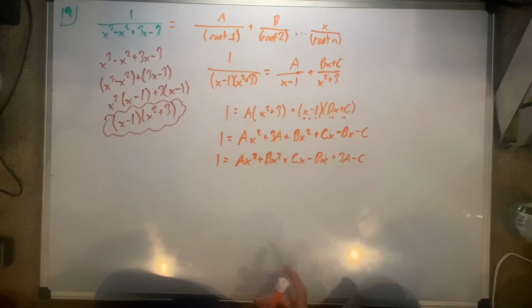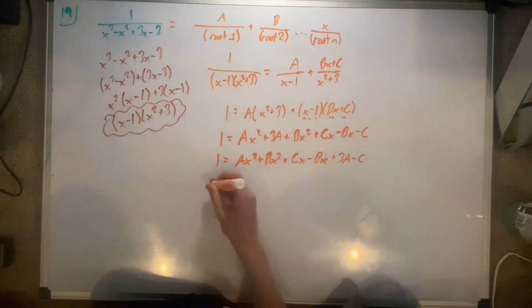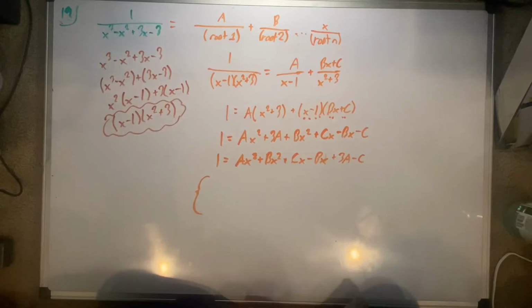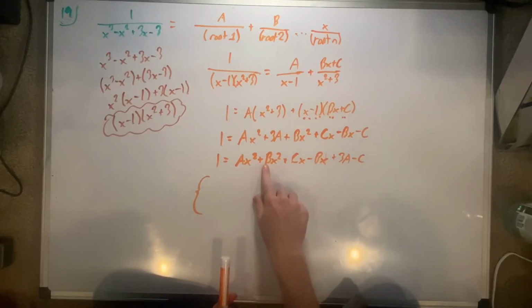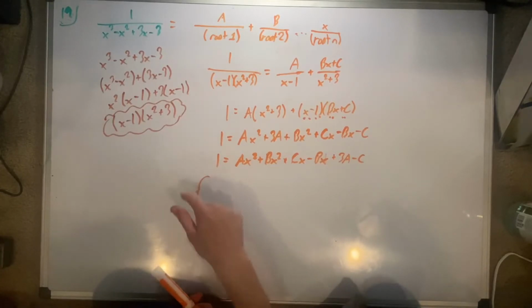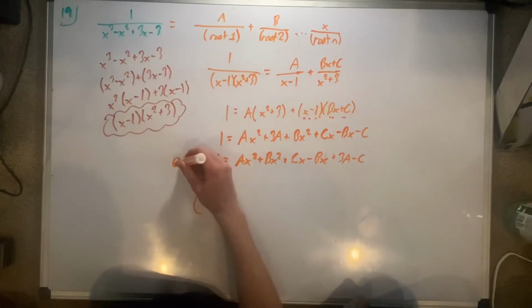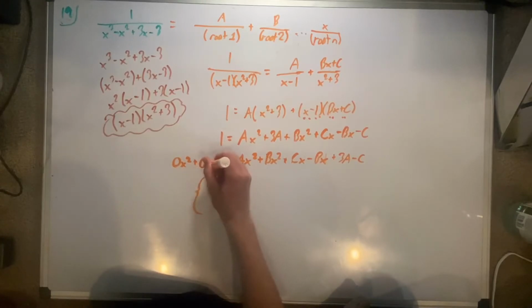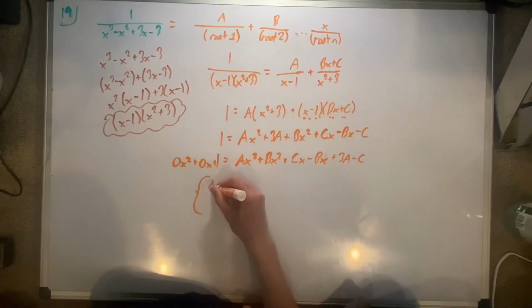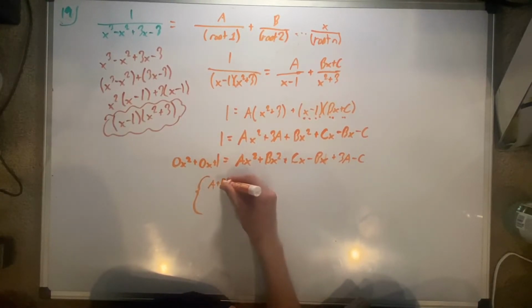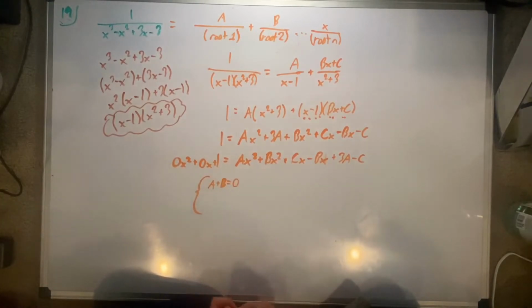So we can use what we learned from chapter 11 about systems of equations to set up a system for this. So we know that a plus b has to equal 0 because there is no x squared over here. So we know a plus b equals 0 because that's the only way we can get these two to cancel out.